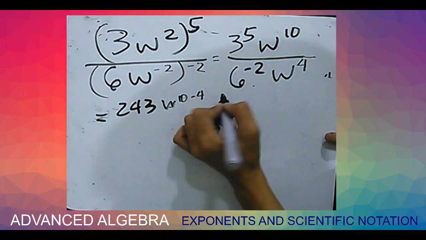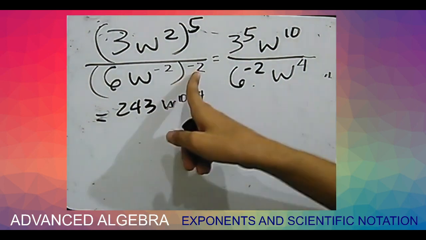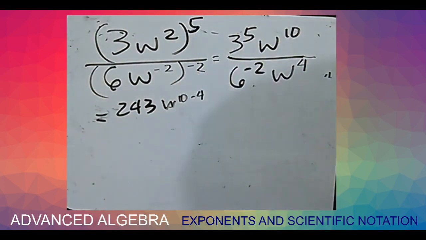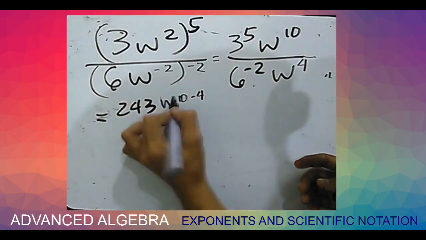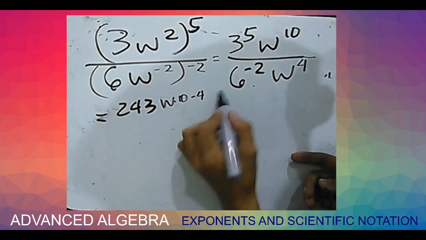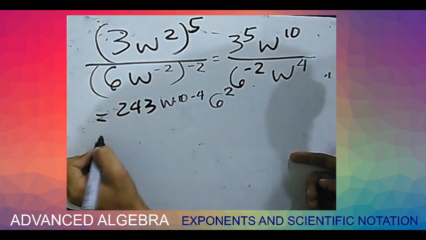Okay, hindi pala siya negative. Okay, gawin natin siyang negative. So, yan na. Tataas naman natin si 6, magiging 6 squared.